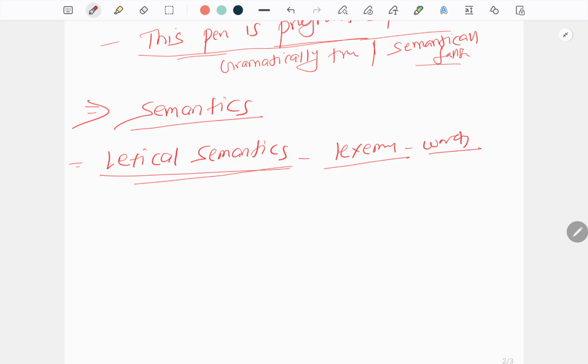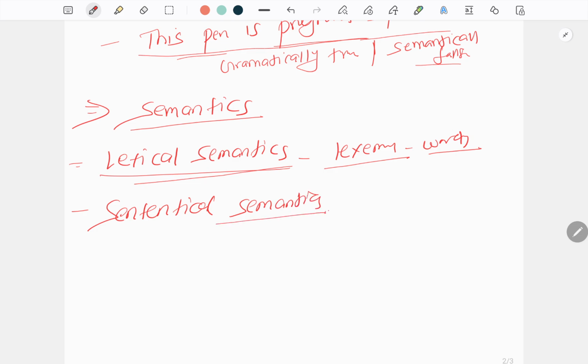This is also known as sentential semantics, because if we group the words together, that is known as sentential semantics.